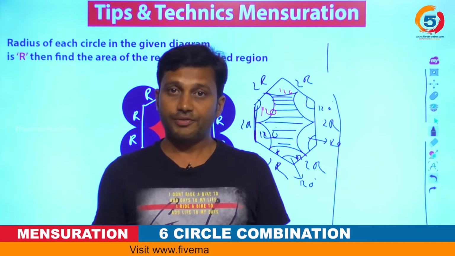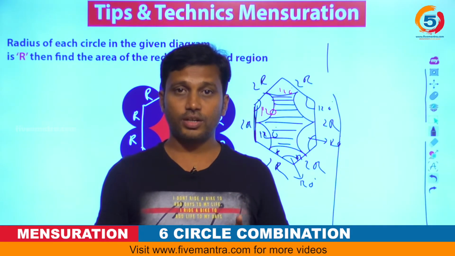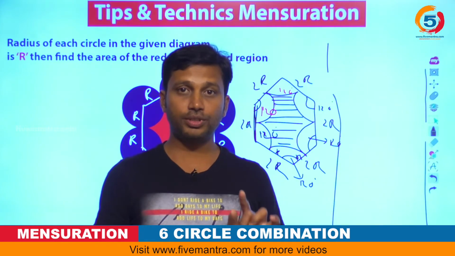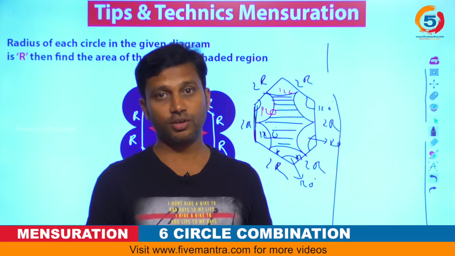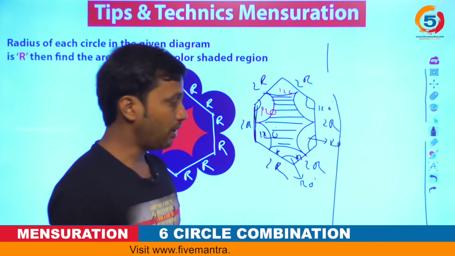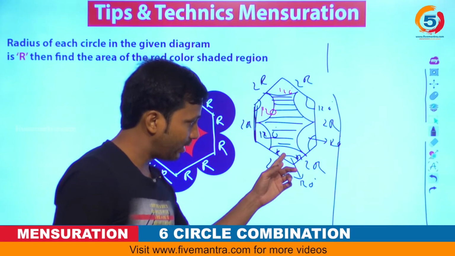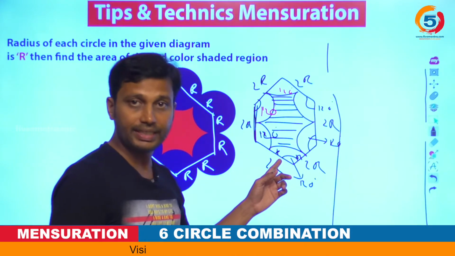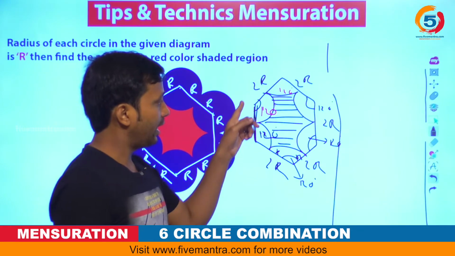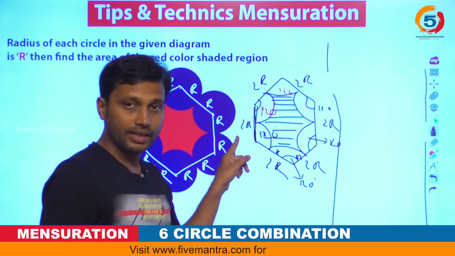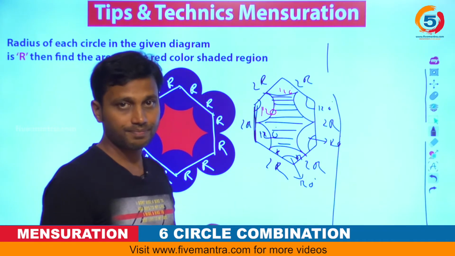As we know, the area of the regular hexagon is 3 root 3 by 2 A square, where A is a side of the regular hexagon, and the angle of each sector is 120 degrees. Each side of the regular hexagon is here 2R.